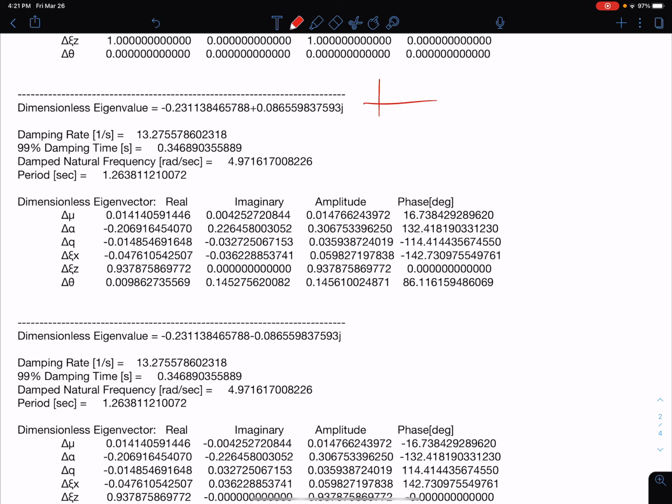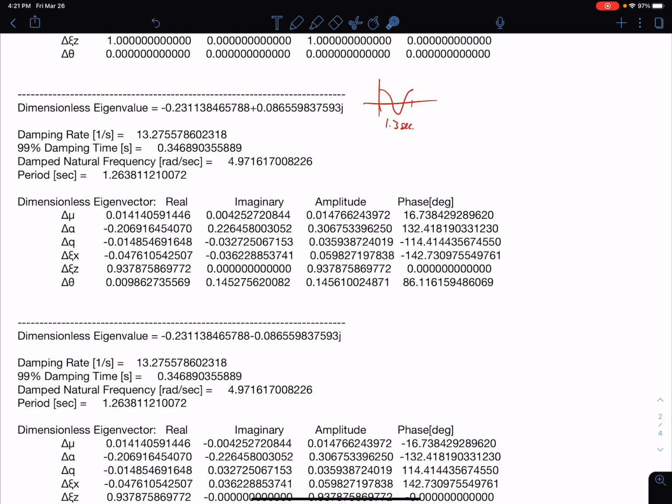So if we were to just draw this, this is the length of that period, 1.3 seconds as it oscillates, but within 0.35 seconds, we saw right here, it's going to be 99% damped out.